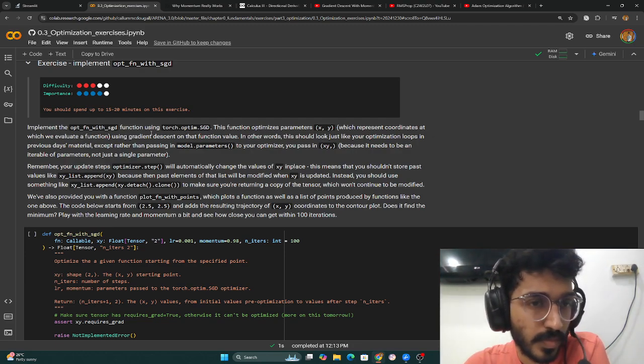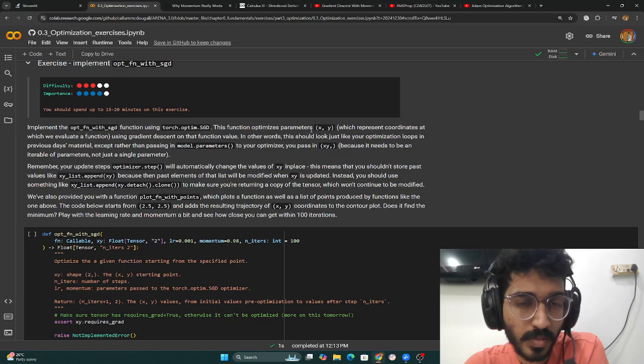Okay, optimizes two parameters using gradient descent, the value of the function.